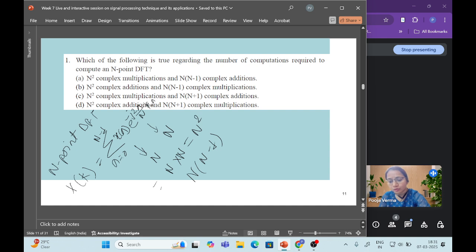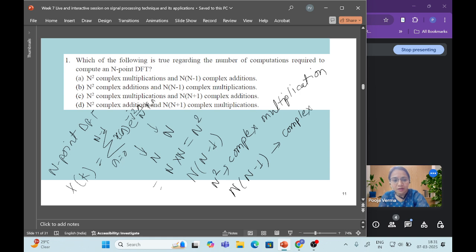So to perform an N-point DFT, total N square complex multiplications and N minus 1 complex additions are required. So yeah, option A is the correct answer for this question.